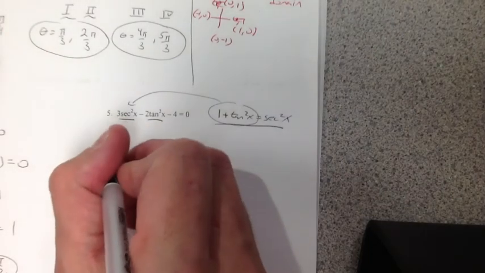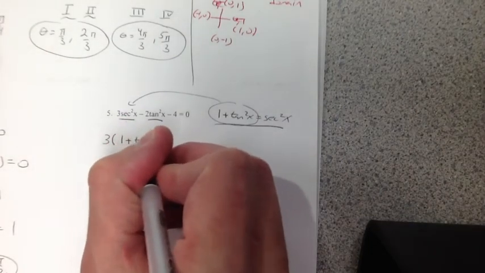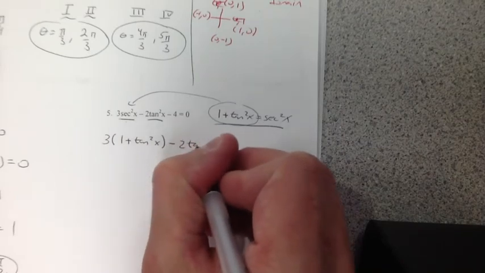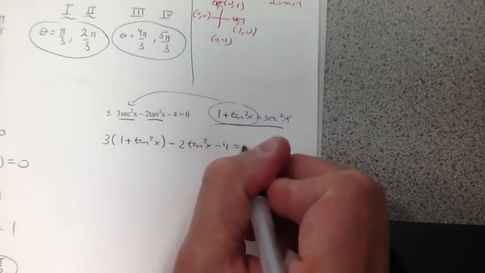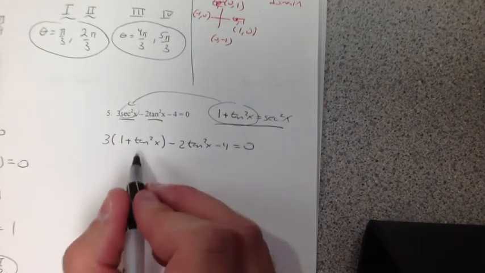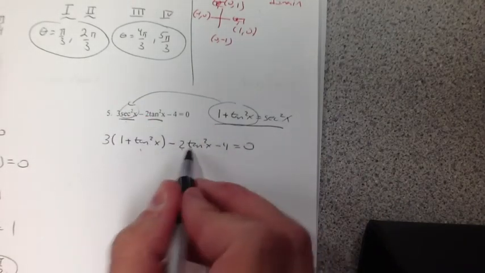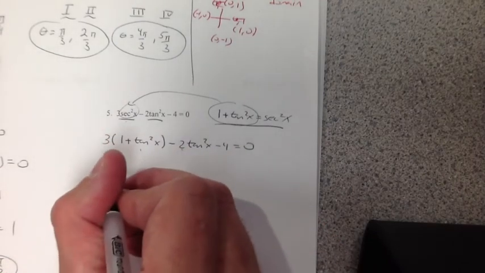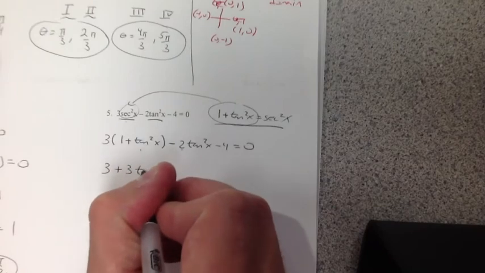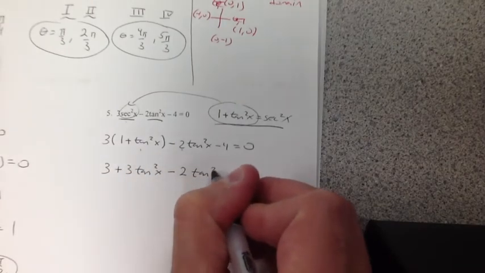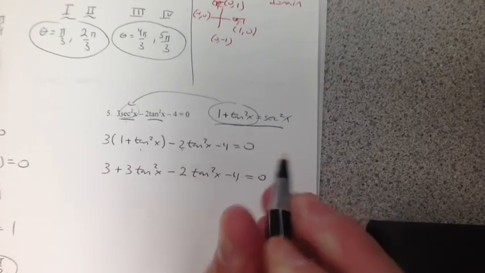So now what we get is 3 times 1 plus the tangent squared of x minus 2 times the tangent squared of x minus 4 equal to 0. I replace it, substitution. You want to keep them in terms of the same trig function. Distributing, 3 plus 3 tangent squared of x minus 2 tangent squared of x minus 4 equals 0.